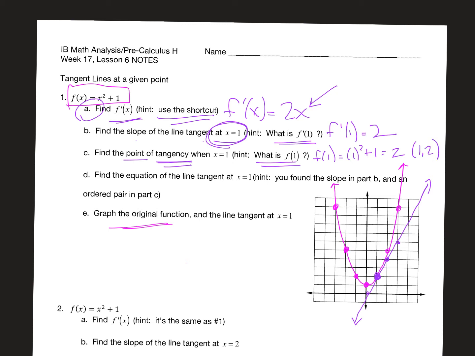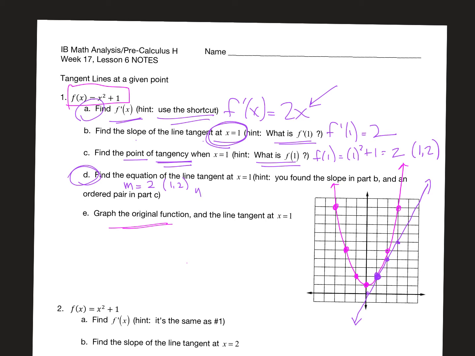It's an ordered pair. All right, now for part D, it says find the equation of the line. To find the equation of a line, you need 2 things. You need a slope, which we figured out in part B, and you need an ordered pair, which we figured out in part C. With a point and a slope, you can come up with the equation.